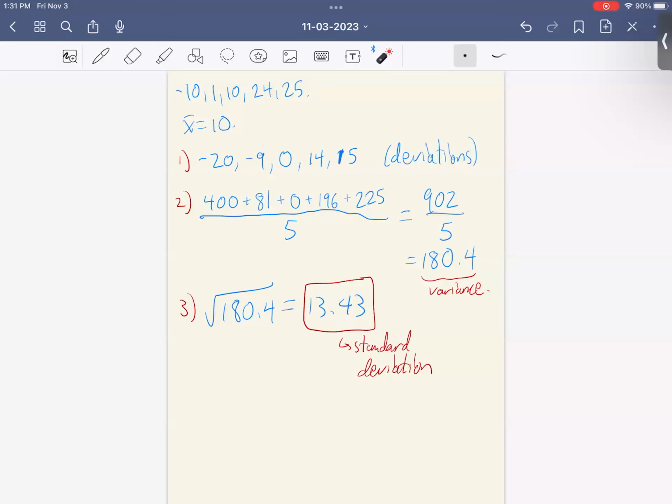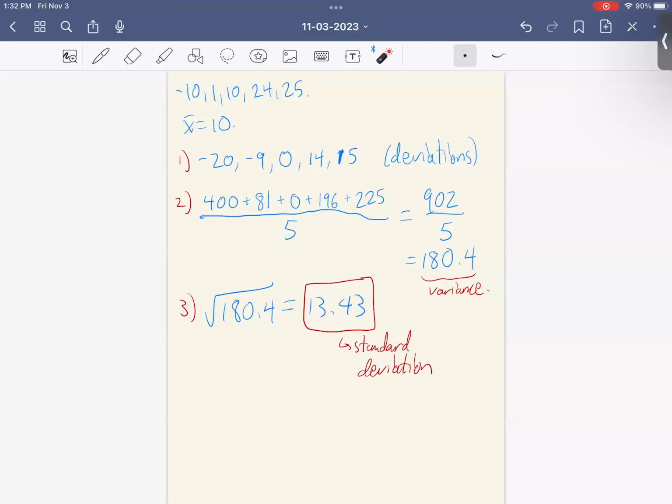Other questions? Yes, Marcus? Now for the question my brother was asking, maybe in your problem, they ask you to calculate the standard deviation and the variance.